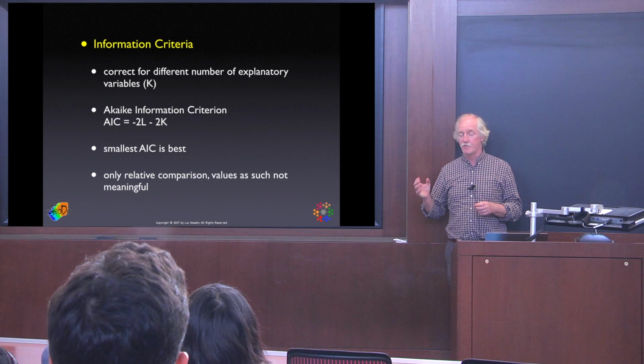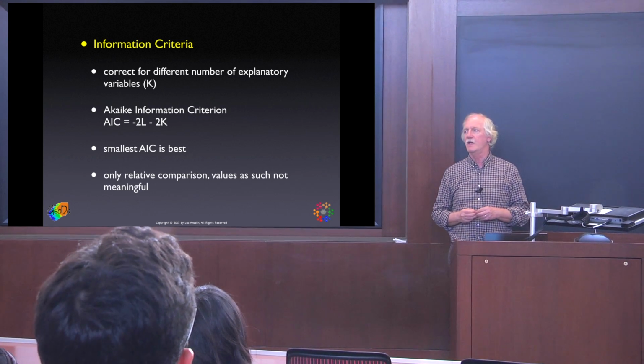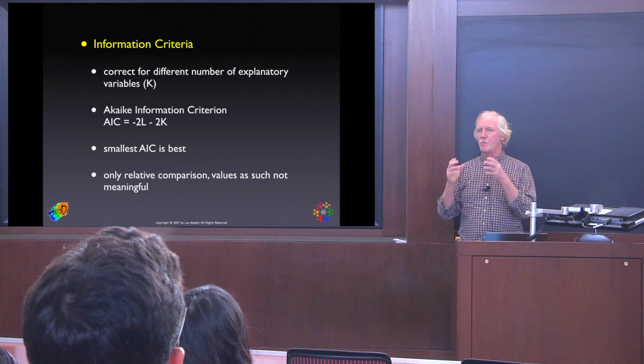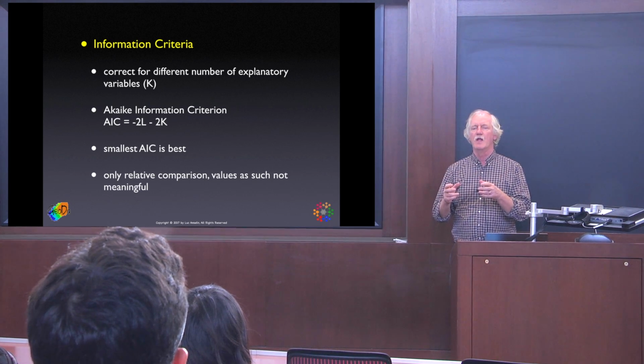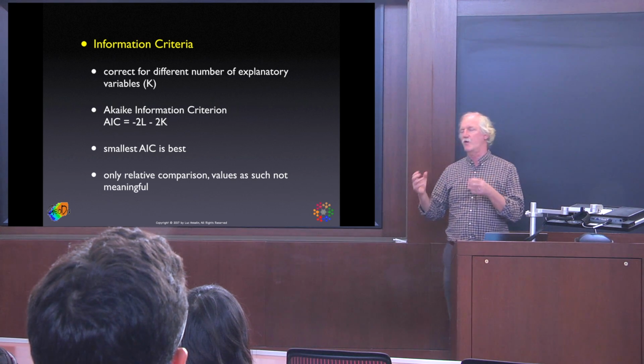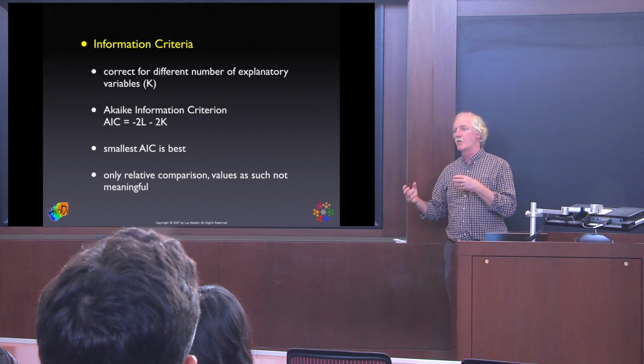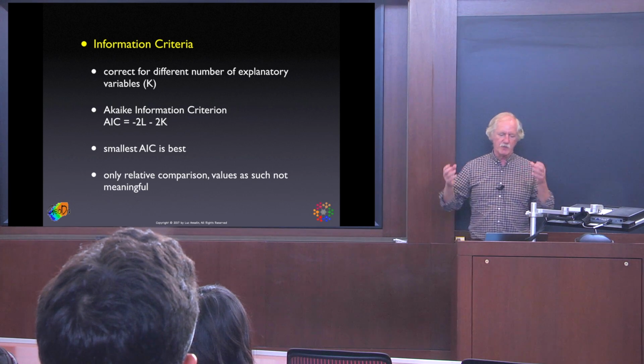And there's a bunch of these information criteria that are basically starting from the maximized log likelihood and then apply some kind of correction to them, which is typically a function of the number of parameters, sometimes also the number of observations, but there's a bunch of them out there.